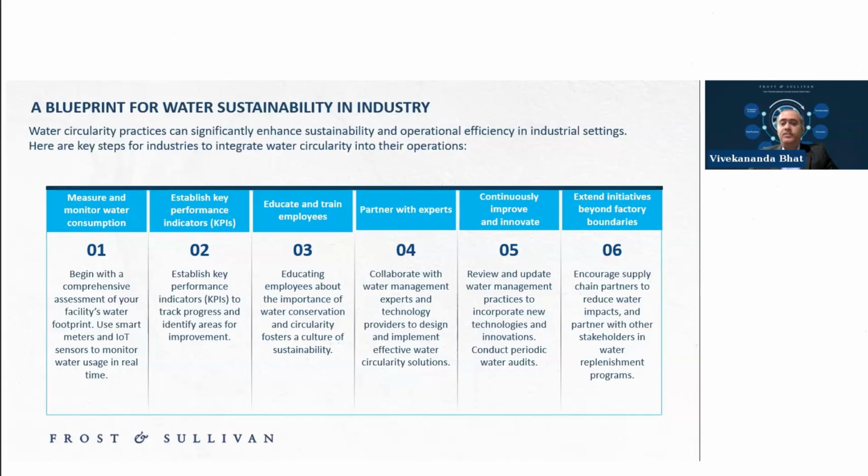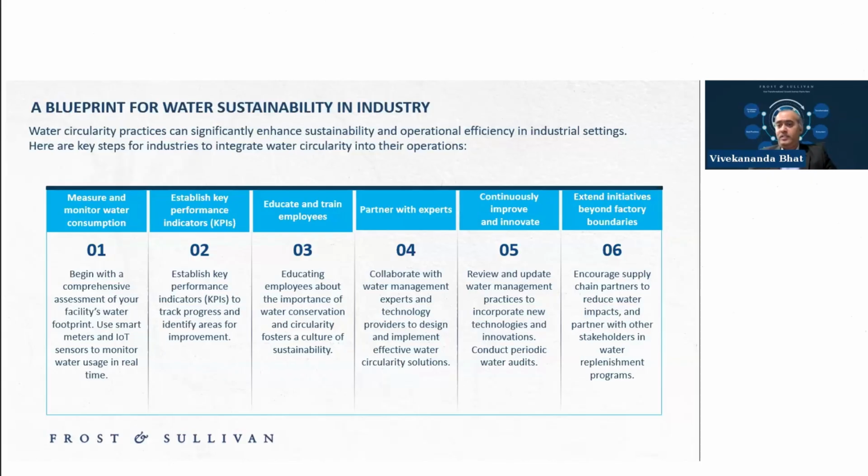If your operations are water intensive, it is also vital to have periodic water audits and identify the gaps. So this is a very important step for continual improvement. And then finally, how do I take all those initiatives beyond my company boundaries, company gates?